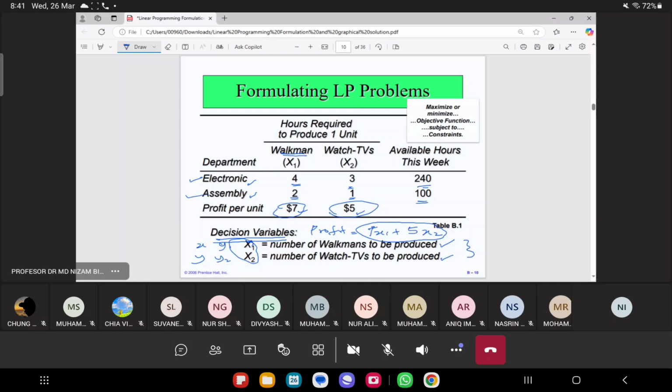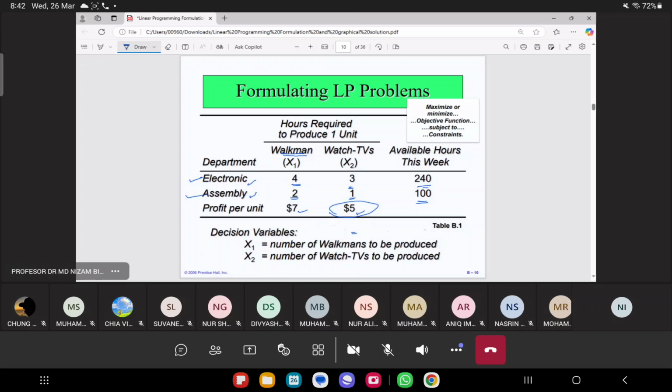Once you identify the constraints, you need to express them in mathematical form, based on the decision variables that you have chosen just now. In this particular case, there are two constraints. One is electronics, and the second one is assembly.